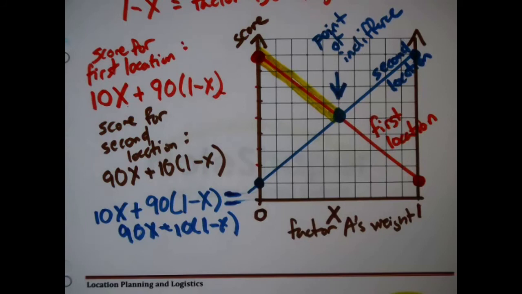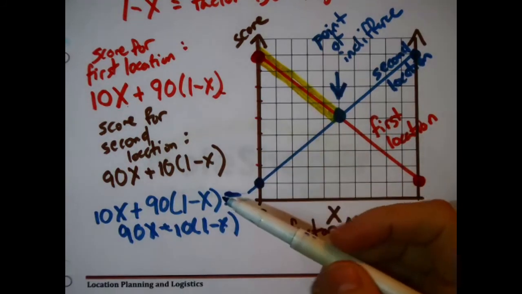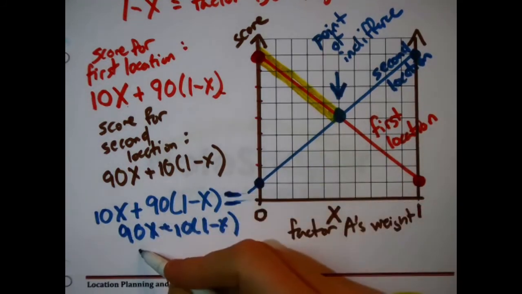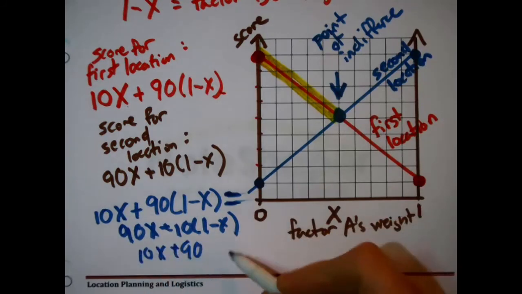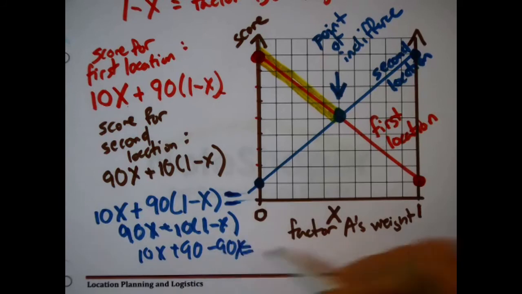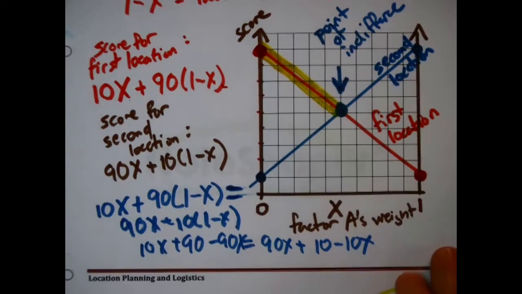Well, I need to do some simplification here, right? Let's see. This would wind up being 10x plus 90 minus 90x. When does that equal 90x, that right there, plus 10 minus 10x? Whoops, need to clean that up.